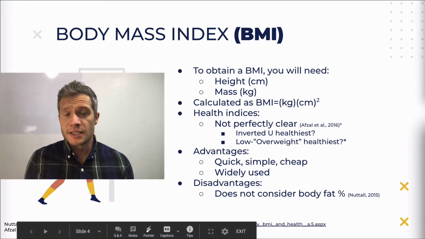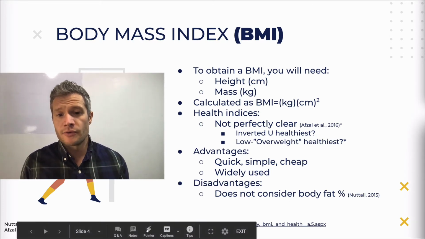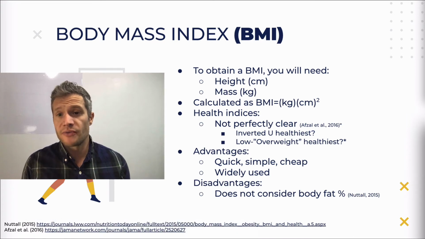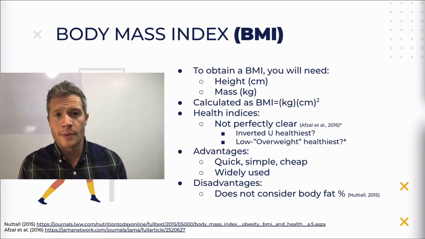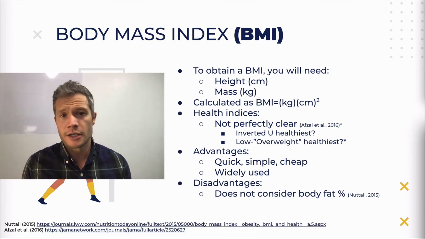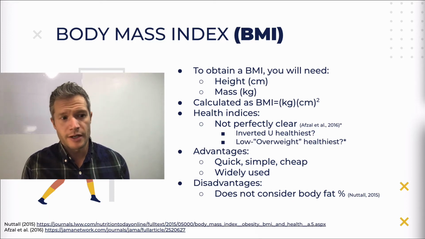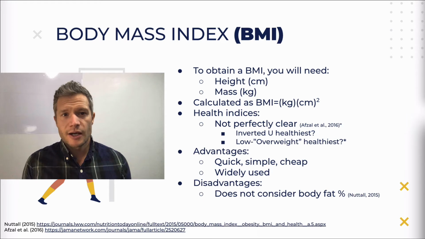The disadvantages, as a lot of authors have come to find in the research, is it doesn't consider body fat. So a lot of you have come across the notion in mainstream media and common thought that muscle is more dense than body fat.